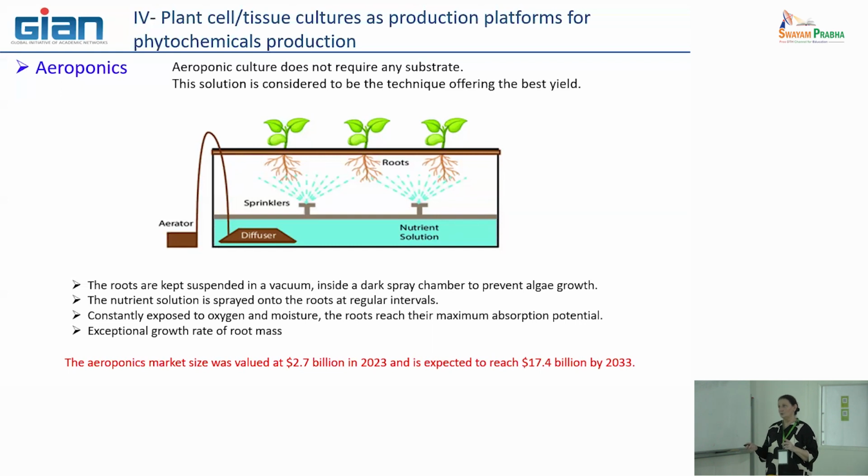You have your solution here that is sprayed onto the roots at regular intervals to be sure that they always have nutrients. And what is interesting is that this system finally exposes the roots continuously to different parameters such as oxygen, and they can have, in this case, the maximal absorption of the nutritive solution that is sprayed.